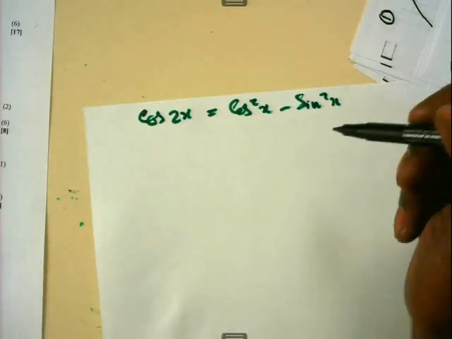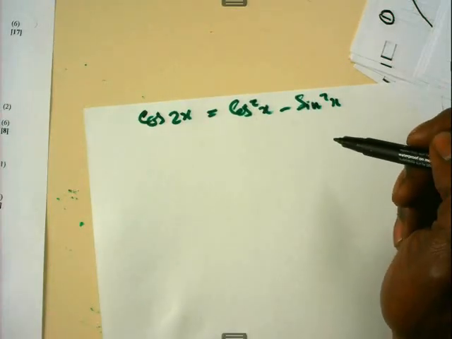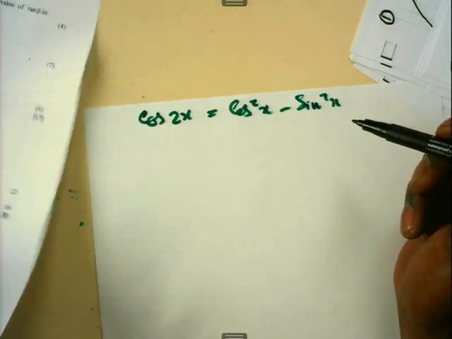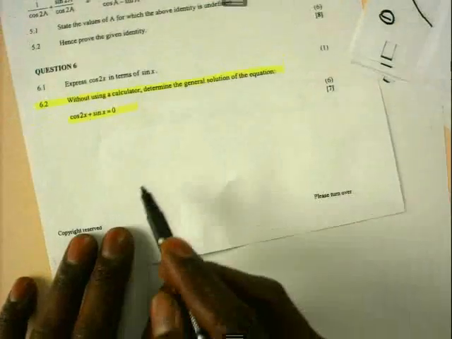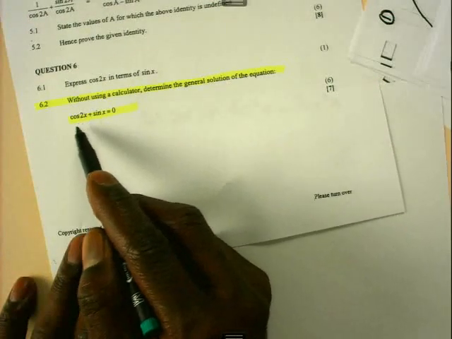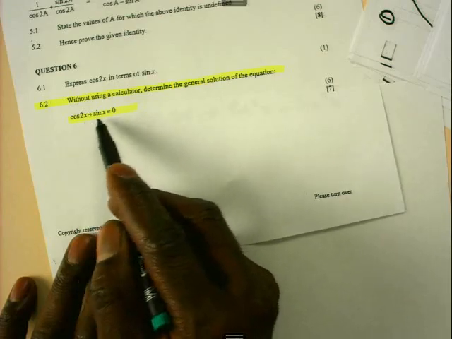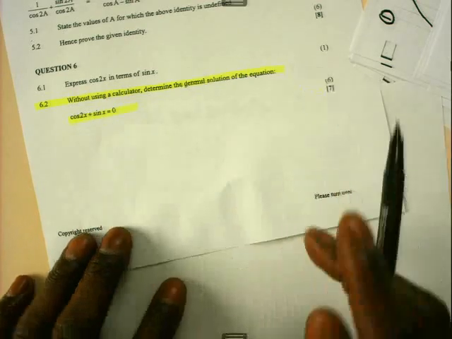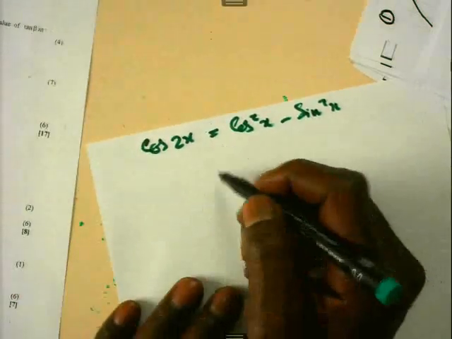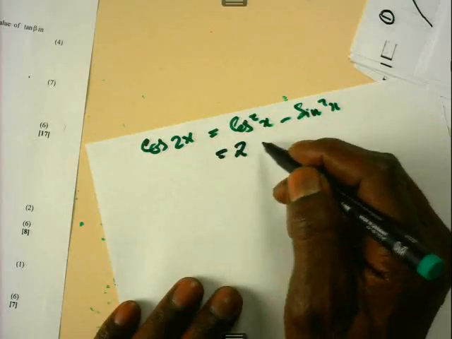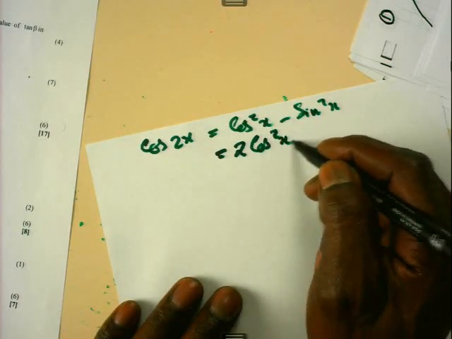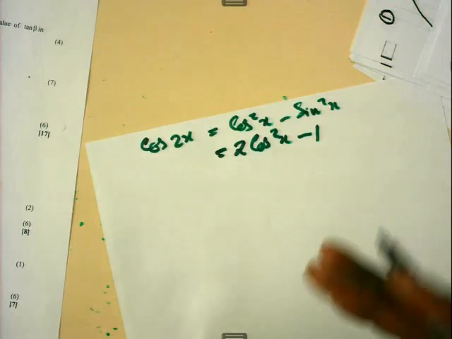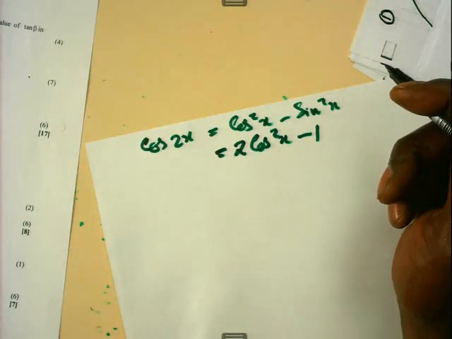Cos 2x is the same as cos squared x minus sine squared x. But now, is this going to help us? We said we want to establish a single trigonometric ratio here. Now, cos 2x is the same as 2 cos squared x minus 1 if we use the double angles.